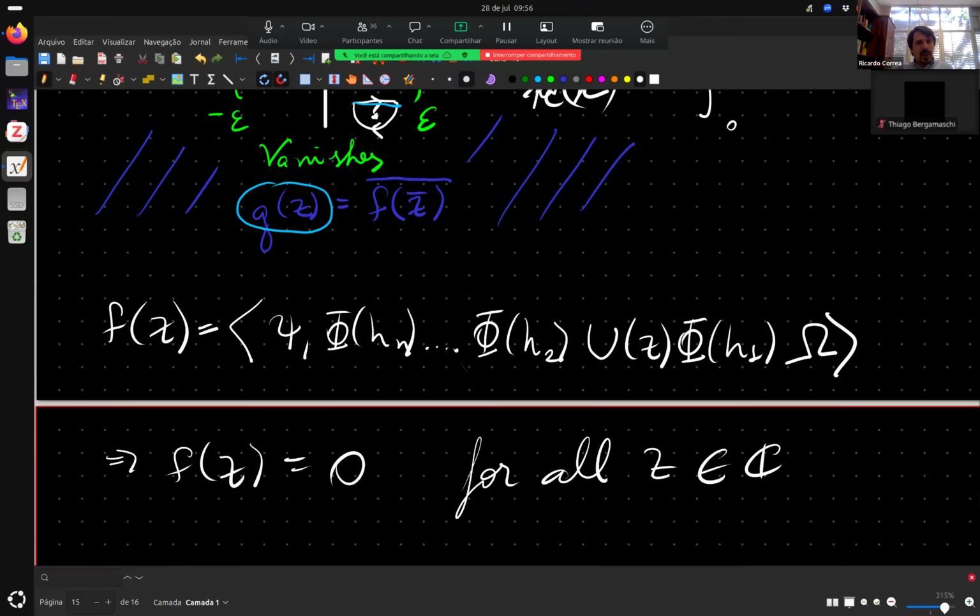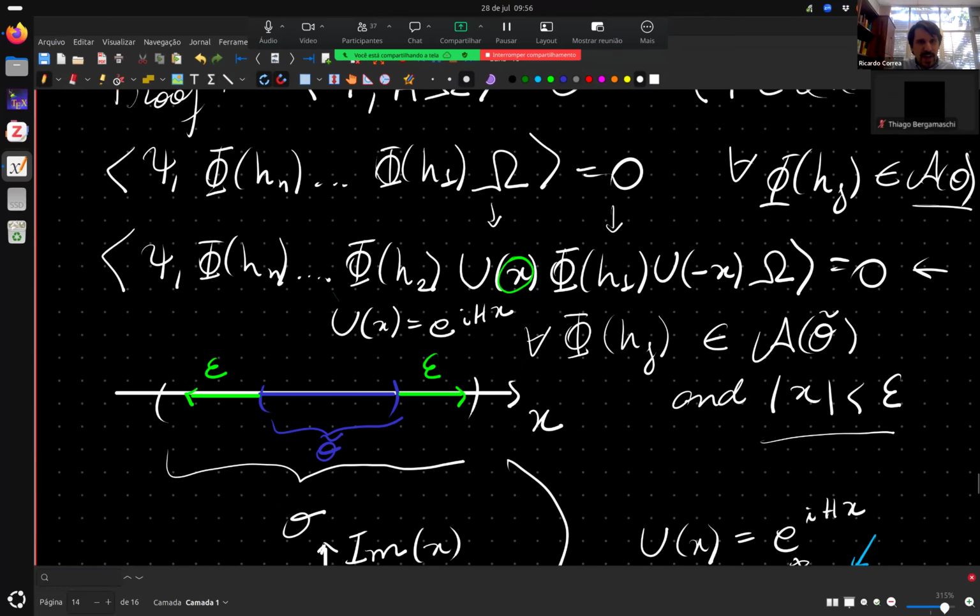Okay, but let's see how this thing started. I look at some region O tilde, and then I have my vector psi, and this vector psi is orthogonal to everything in the algebra A of O. But then I plug in this U of x, which allows me to go a little bit beyond the support, the region where the local operator lives.